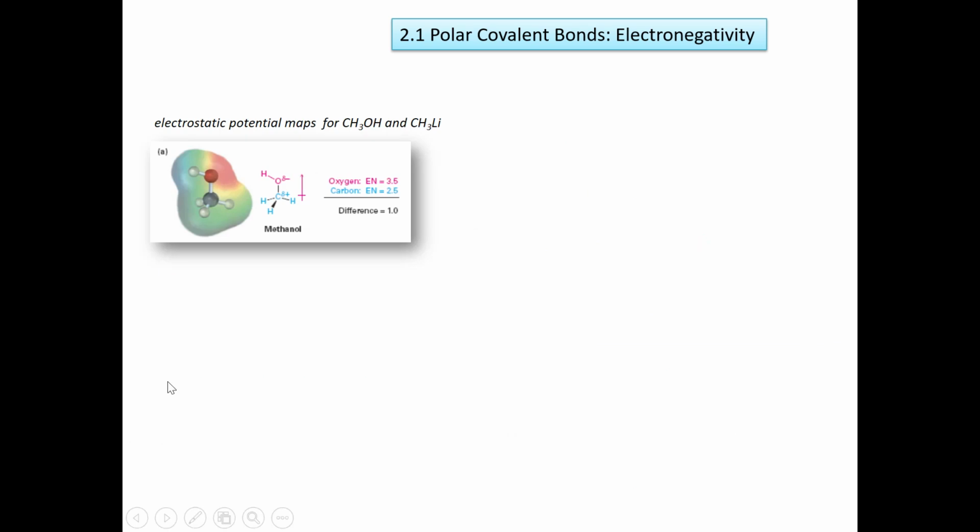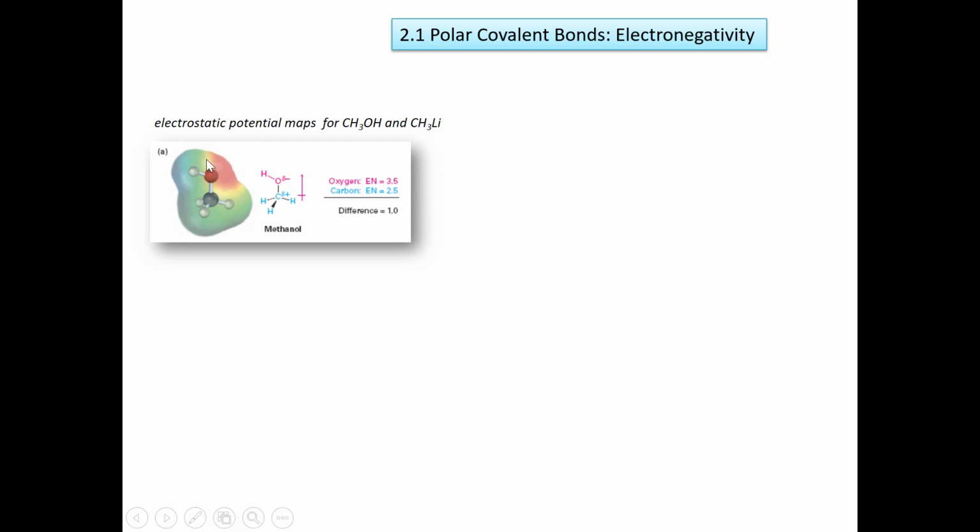But how do we represent this and how does it affect the molecule? If we imagine, for example, methanol, a molecule of CH3 bonded to OH, we know that oxygen is more electronegative than the carbon.